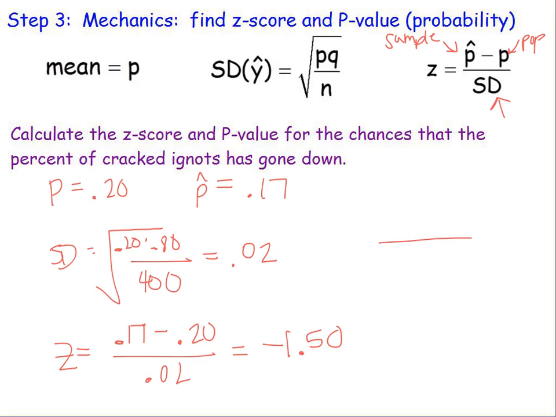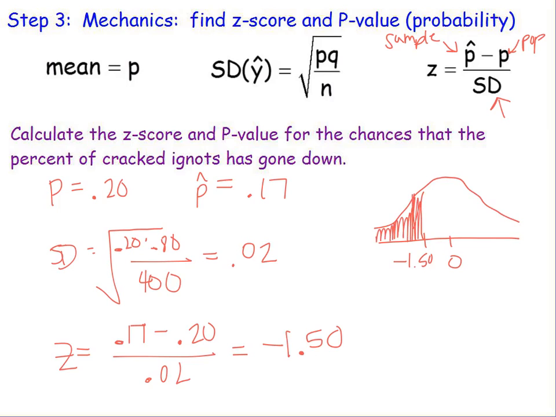So let's think about our blue sheet and what we're going to have to look up. We know 0 is in the middle. We know negative 1.50 is over here. Think back to our alternative hypothesis. When we did HA, we did less than, which means we're shading to the left because we want to know if it's gone down.